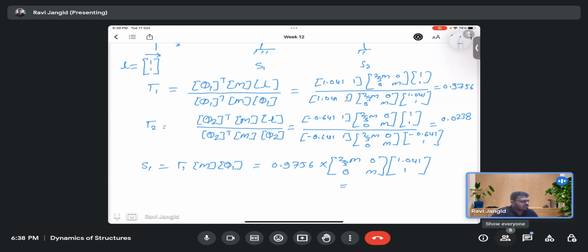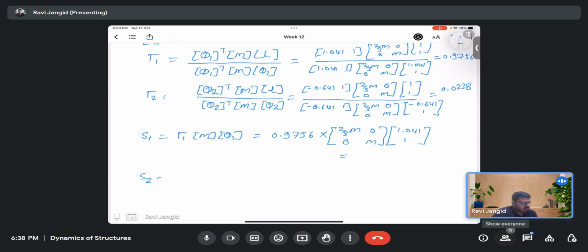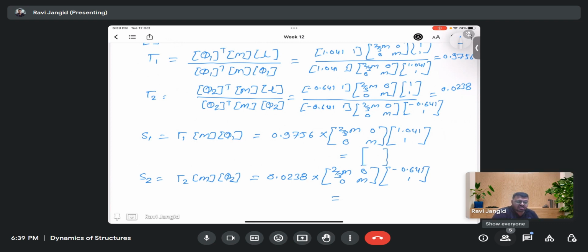So give me that S1. Similarly, S2 can be calculated with gamma 2. So what are you getting for S1 and S2? 0.65.